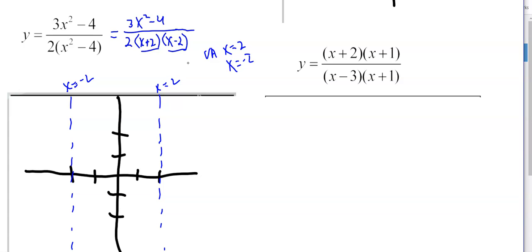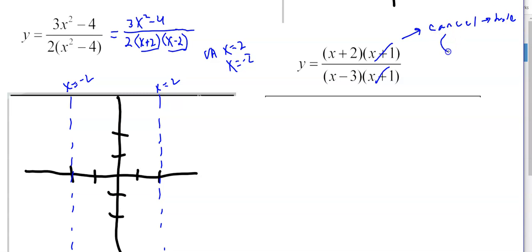Okay, and this last one, this is where the hole comes in. If you've got it factored, which you do, you may notice something interesting about this problem. The x plus 1 cancels. So when you cancel with rational functions, you're going to cause a hole.